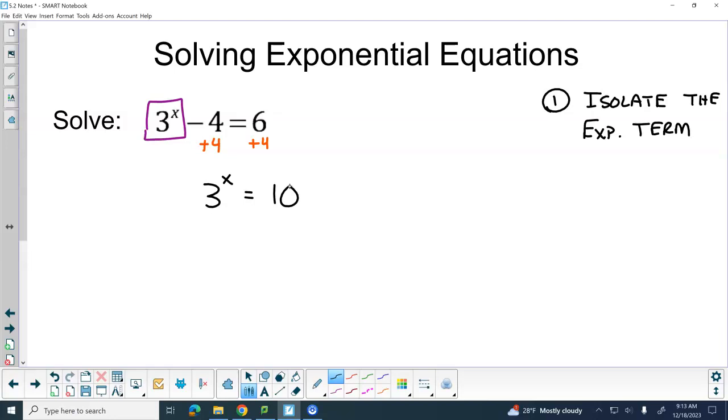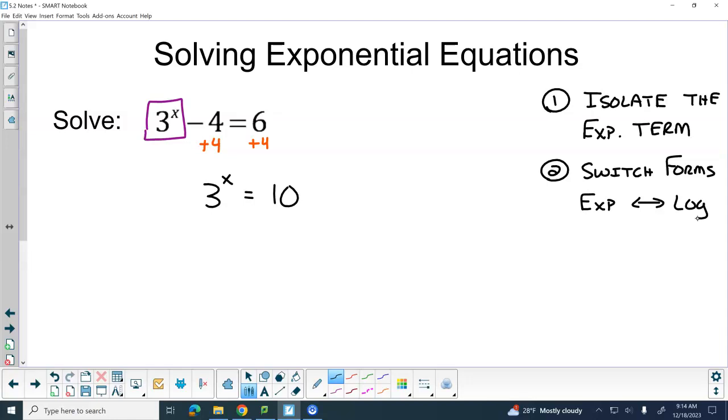Then, once you have that term isolated, you are going to switch from exponential to logarithmic. These steps are going to be the same on the next slide when we start solving logarithmic equations.